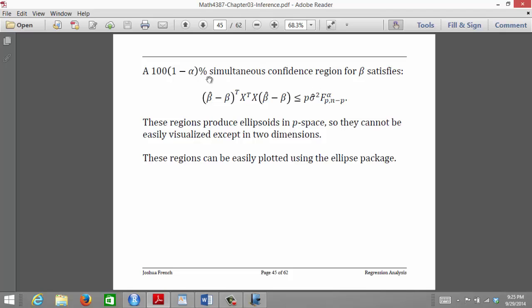So long story short, we have this quadratic form here, which should be less than or equal to this upper bound with confidence level 1 minus alpha.